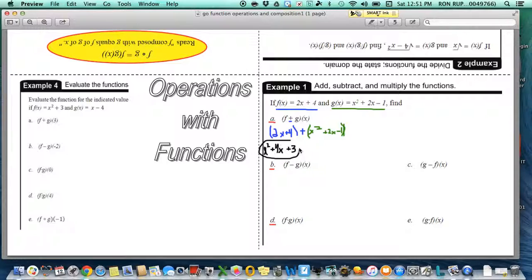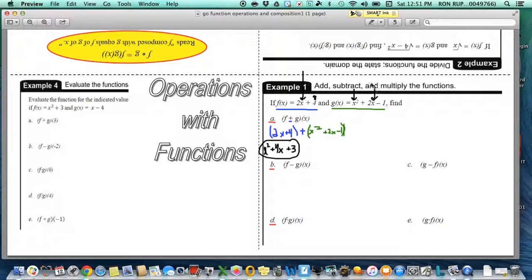And if you want to check your work on these, pick a number. I don't know, 2 is probably my favorite number. And plug it in for x. So 2 times 2 is 4. 4 plus 4 is 8. And plug it in for this x. 2 squared is 4. 4 plus 2 times 2 is 4, plus 4 is 8.